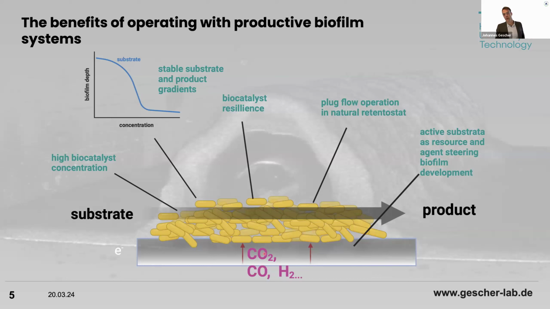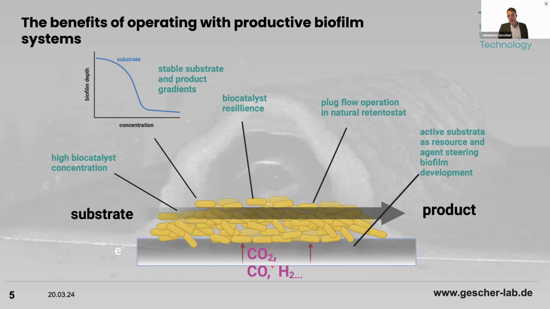And especially if we are talking about gaseous substrates like hydrogen and CO, these active substrata can be highly beneficial because these gases are not very soluble in water. CO2 might be, but hydrogen not.